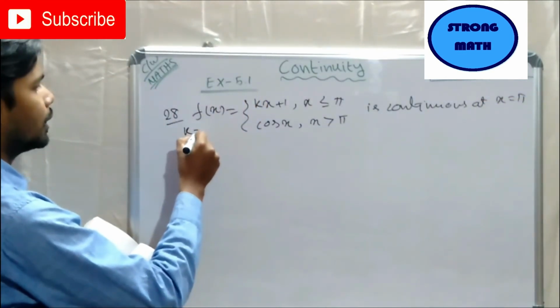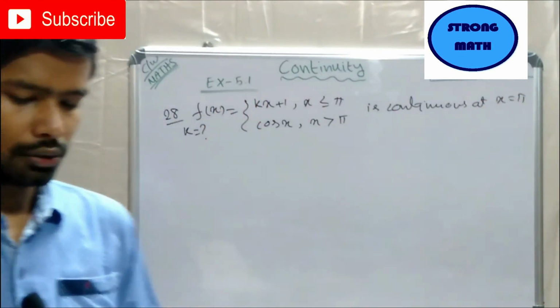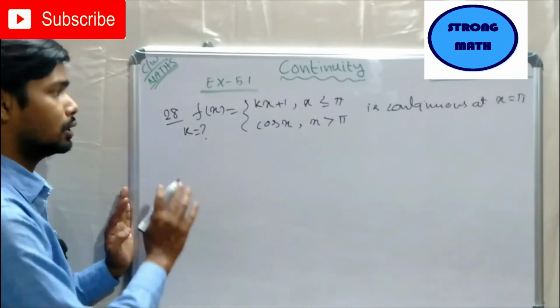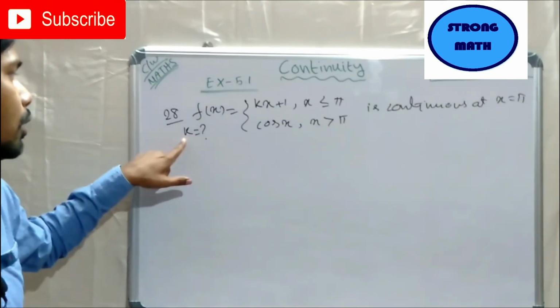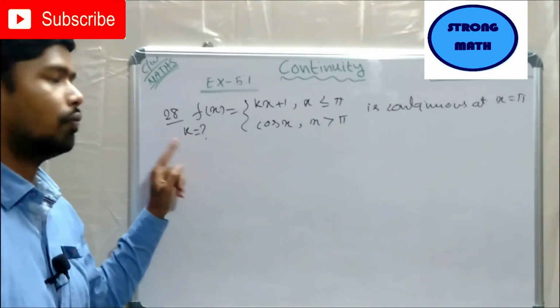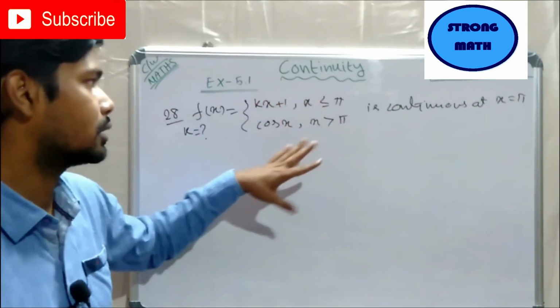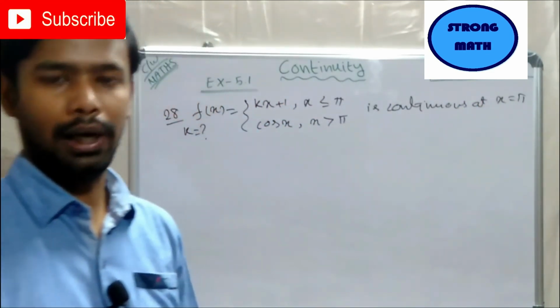For what value of k is the function continuous at x equals pi? Clear? What is the question? The question is: for which value of k is the given function f(x) continuous at x equals pi?